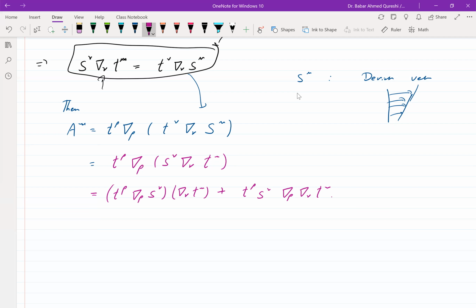So now since I have two covariant derivatives acting on a vector, I know that this must be proportional to the Riemann tensor, because this D rho D nu minus D nu D rho acting on t mu is actually the definition of the Riemann.